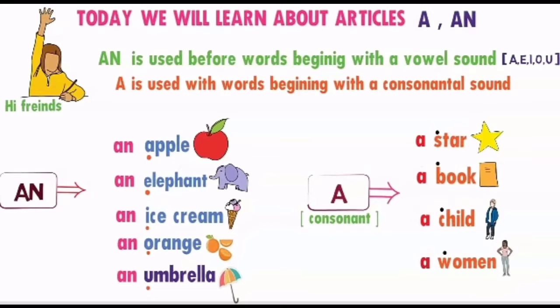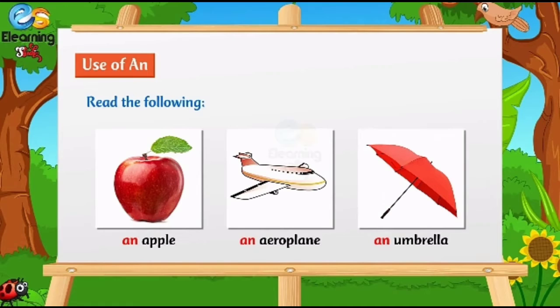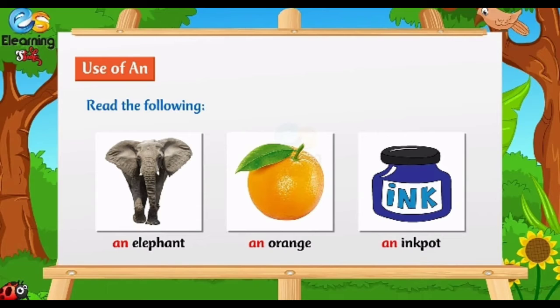Let's see more examples of a: a sharpener, a book, a ball, a tiger, a chair, a mango. Let's see more examples of an: an apple, an aeroplane, an umbrella, an elephant, an orange, an inkpot.